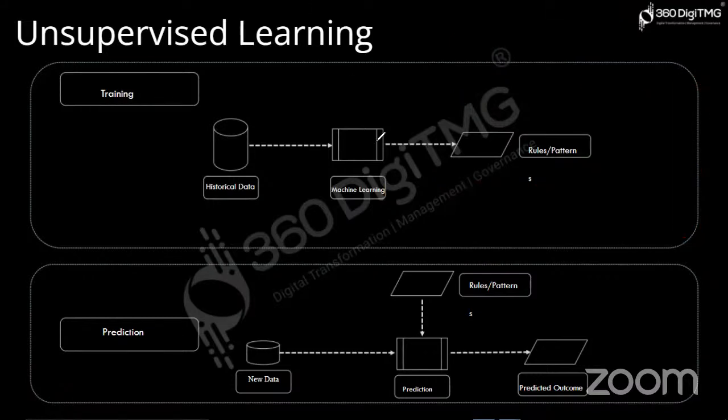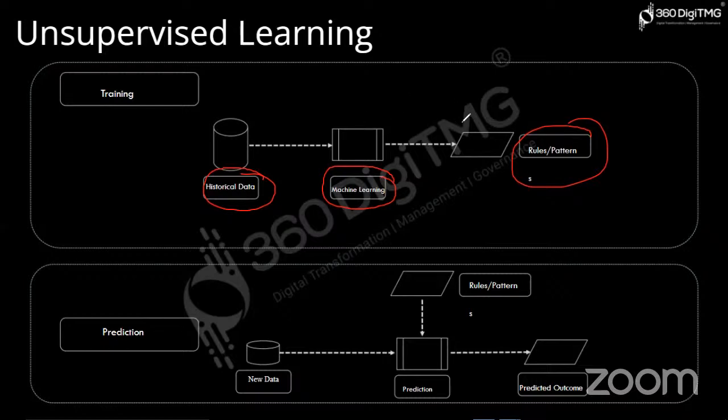Here we have a flow chart where we can see how we are going to train the model if it is unsupervised learning. We are going to have the historical data. We are going to feed this data into some machine learning model. We are going to find some rules or patterns in this data, and based on the rules and patterns, we are going to do some analysis.